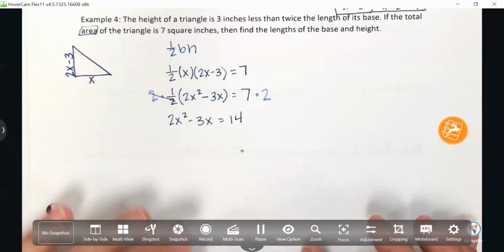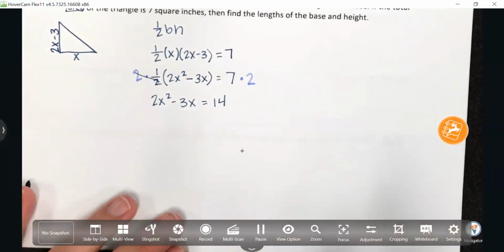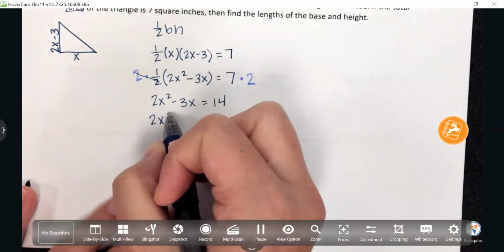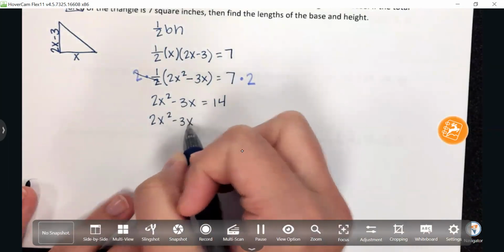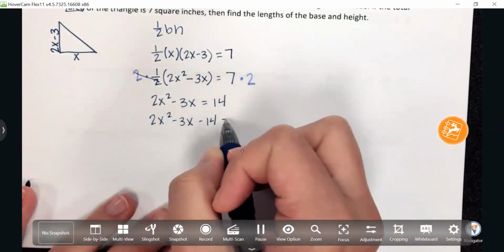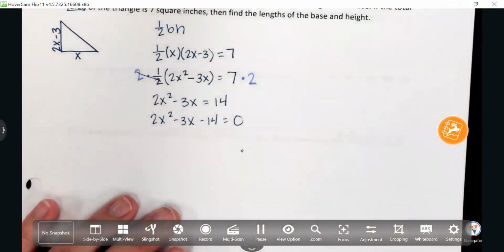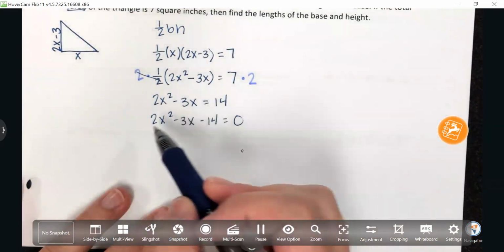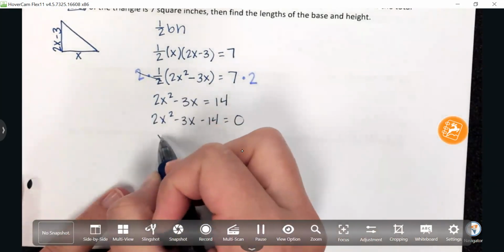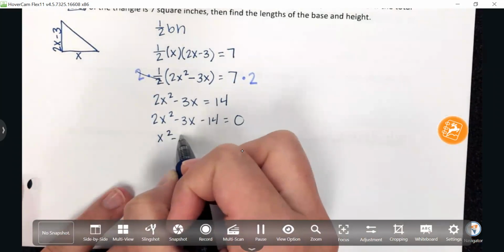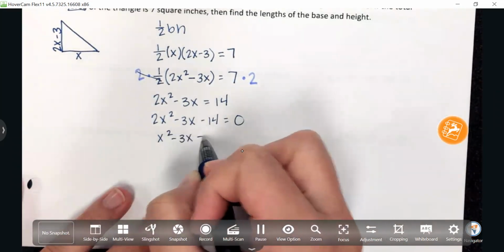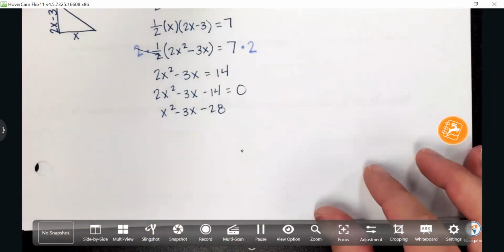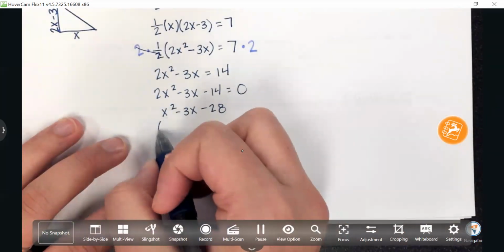What do I need to do with that 14? Subtract it so I can set it equal to 0. So 2x squared minus 3x minus 14 equals 0. Is there a GCF? No. So how do I get rid of the 2 in front? Slide and divide. So x squared minus 3x minus 28. What will my two numbers be?